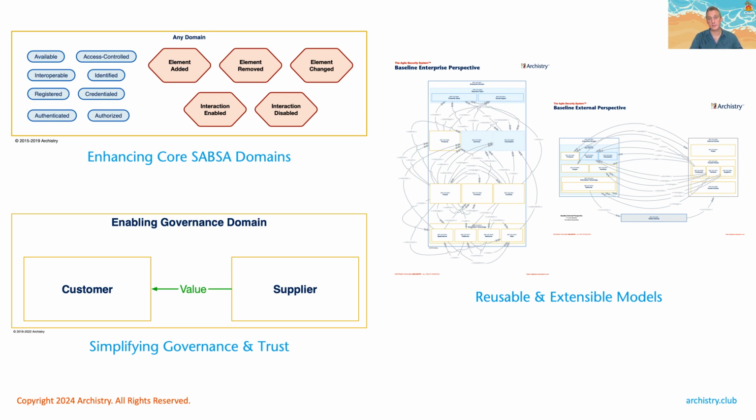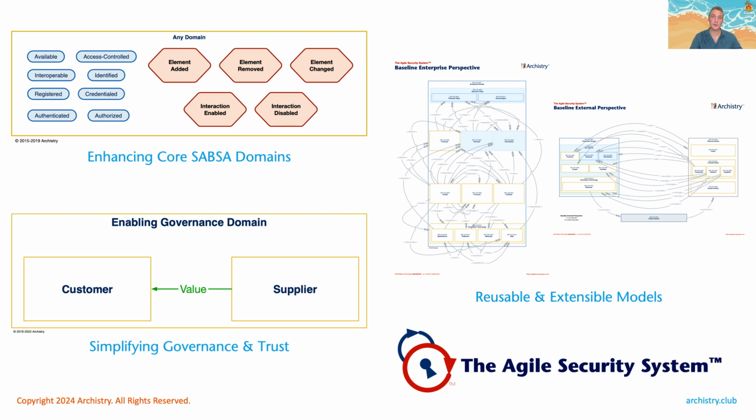And all of these things together comprise what I call the Agile security system. There are other parts to it, but these are the parts that we've talked about so far today. And these are really the essential things that are much, much more powerful than even we've talked about today.